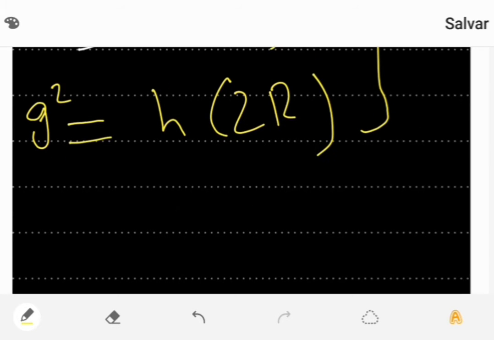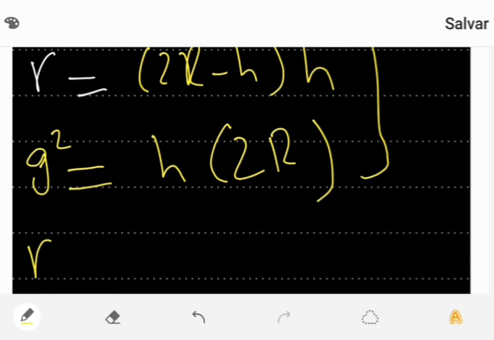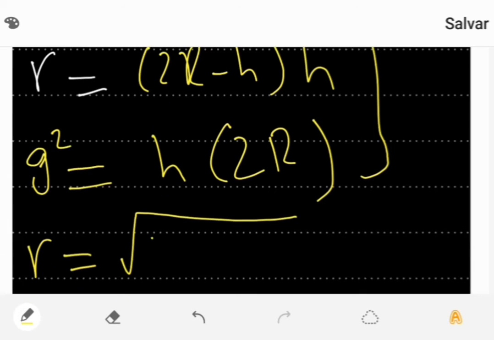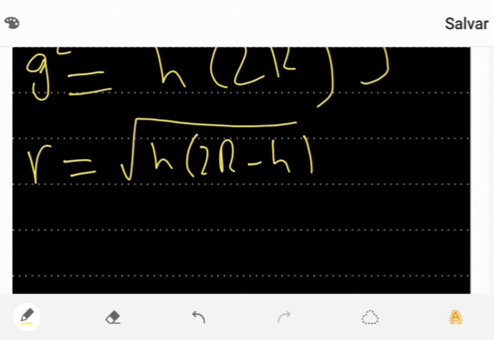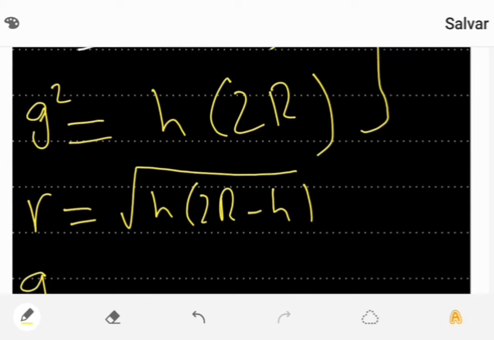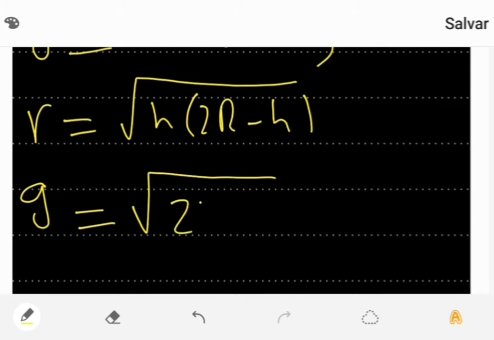Now, r is equal to the square root of H multiplied by (2R minus H), and G is equal to the square root of 2RH.